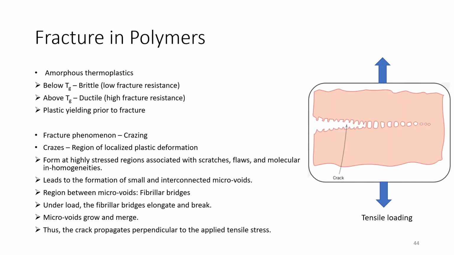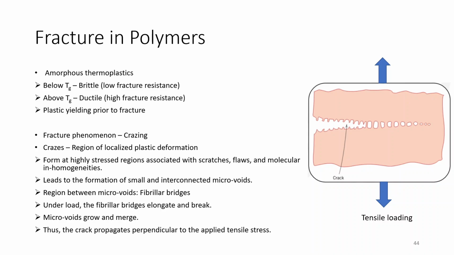Next is fracture in polymers. One of the phenomena known in polymers is crazing. This is the formation of these types of failure cracks. In case of amorphous thermoplastics, below Tg your material acts as brittle.